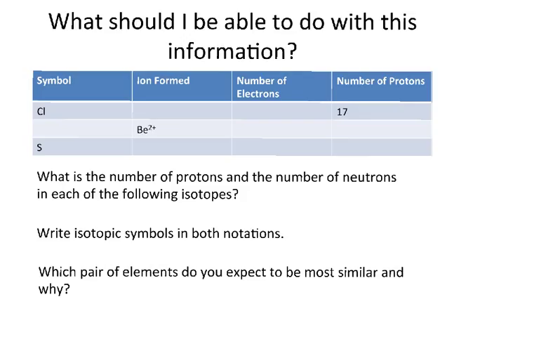Okay, so here's the most important thing. How do you need to use this information? So I expect for people to be given a symbol of something on the periodic table, like chlorine, and then predict what ion is formed and then the number of electrons of that ion.